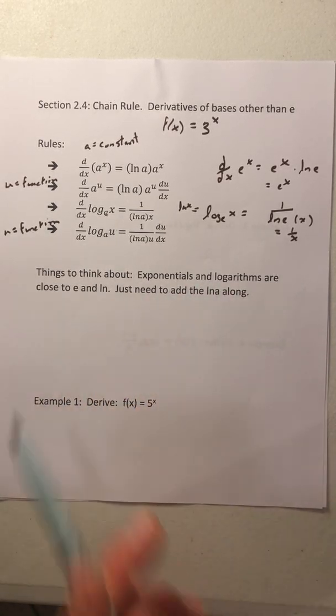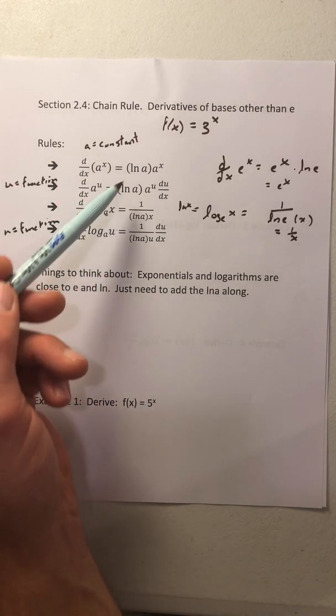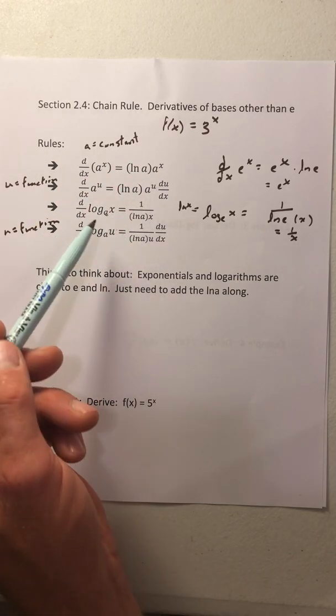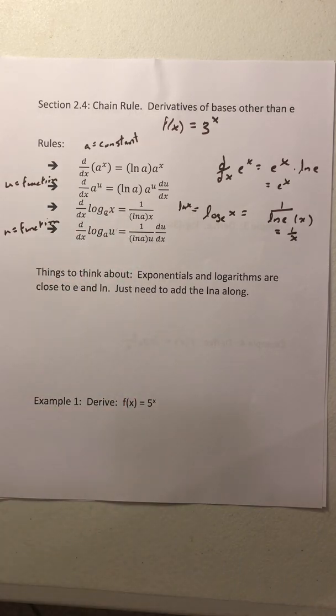Exponentials and logs are very close to e and the natural log derivatives. We just have to add in that natural log of a. When we have an exponential, the natural log of a goes to the top. And when we have logs, the natural log of a goes to the bottom. Hopefully you remember exponentials, they were all in the top. Logarithmic, we made a fraction. That natural log went to the bottom.